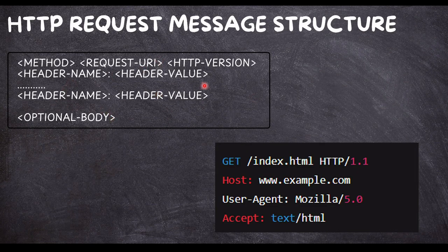Now we look into the header. What is a header? Header consists of some extra detail about your particular request. So here you are giving information about your host. What is our host here? Example.com. I have used example.com, but you can simply think of it as, since we are already using Amazon's example, we'll continue with that.